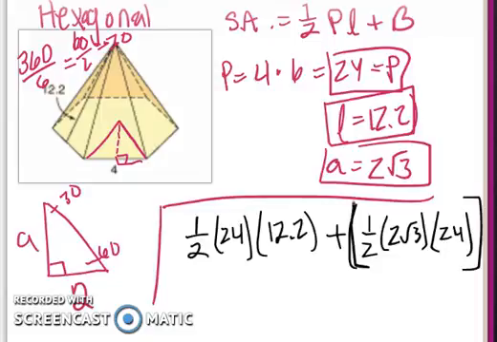It should be in brackets, actually. Okay, and just FYI, might have lost some of you, but this is just the formula for a regular hexagon, 1/2 AP. That's where I got that from.